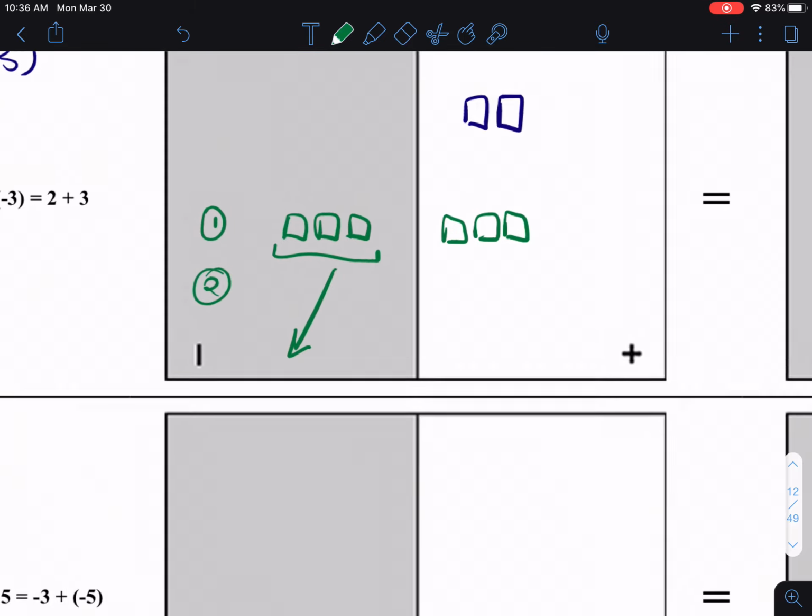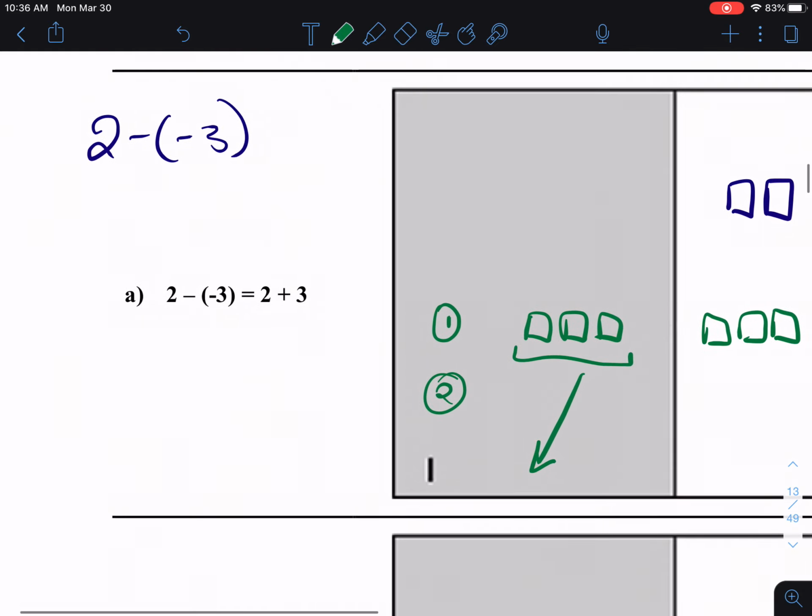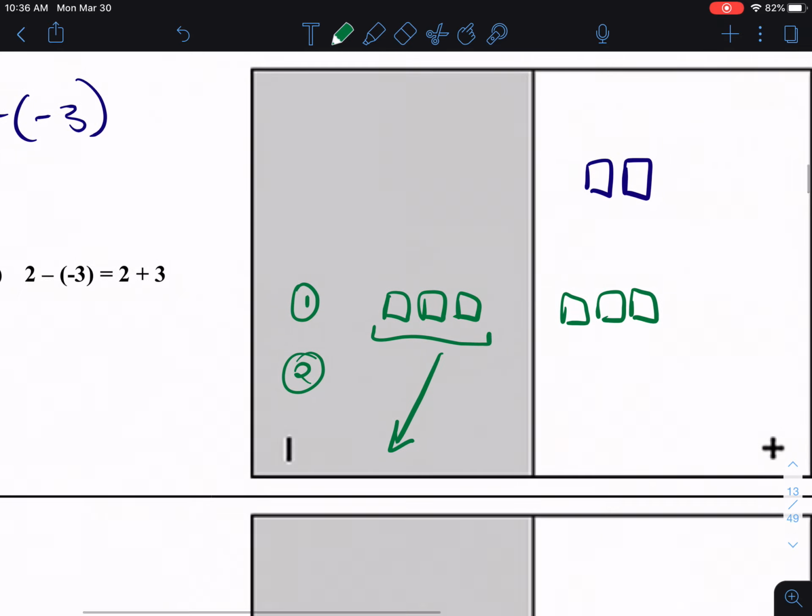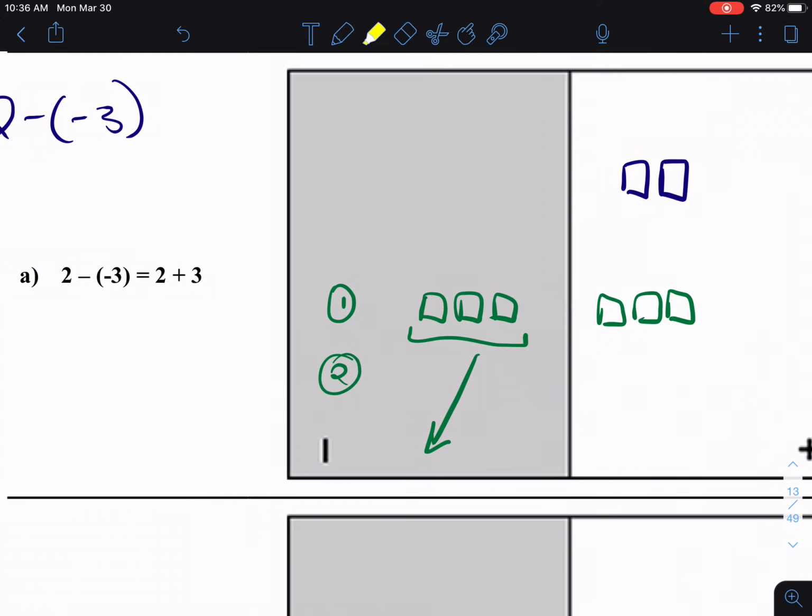So if we just focus on what we did on the left, in step 1 we placed them, in step 2 we removed them. What did we do on the right? In step 1 we placed them, in step 2 we didn't do anything. So if we needed to summarize what was happening on the left, in step 1 we placed 3, in step 2 we removed them on the left-hand side.